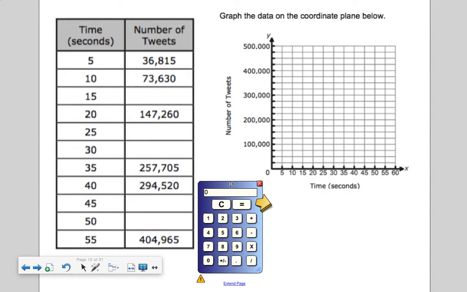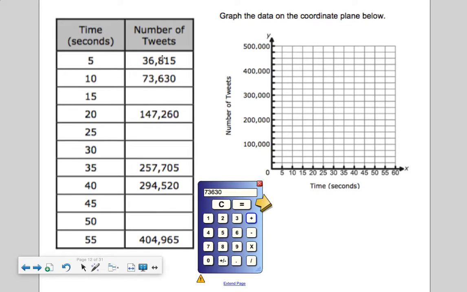Using my calculator, let's see, from 5 to 10. So every 5 seconds, there are 36,815. So I'm going to add 73,630 to this 10 seconds. So 5 seconds plus 10 seconds is 15 seconds.